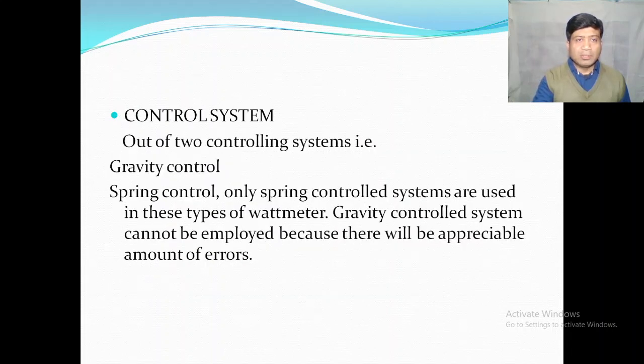Next comes the control system. There is a possibility of two control systems being used in these type of instruments. It could be the gravity control system, it could be the spring control system. We generally avoid using gravity control system and we opt for spring control systems.